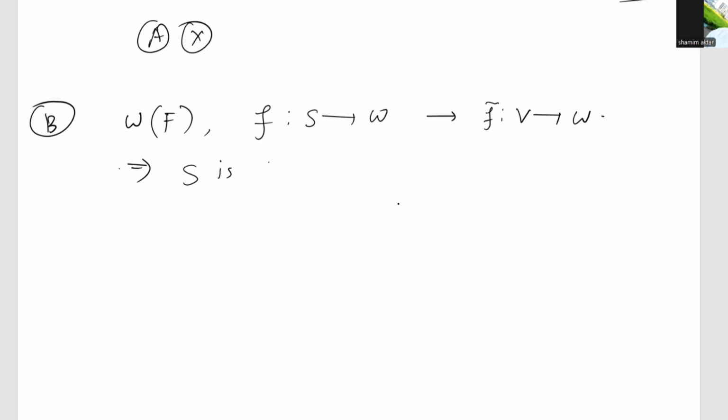So V is a vector space over F, and also given f is any map from S to W, extended to a linear map f tilde on V to W. Then this implies S is linearly independent or not.